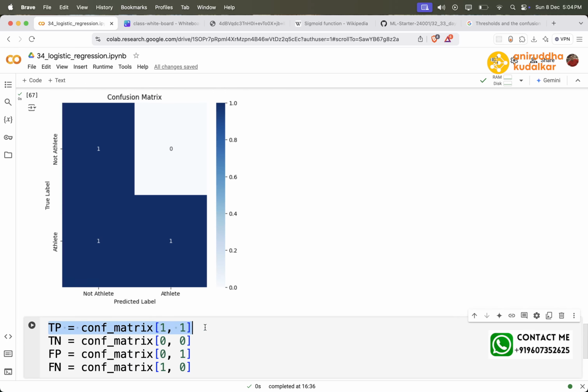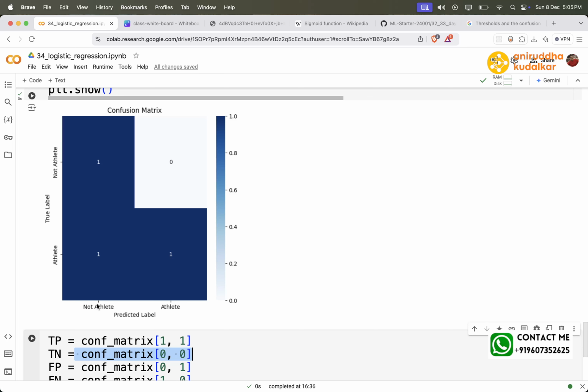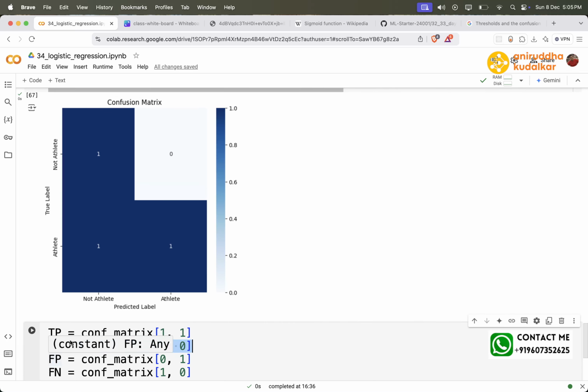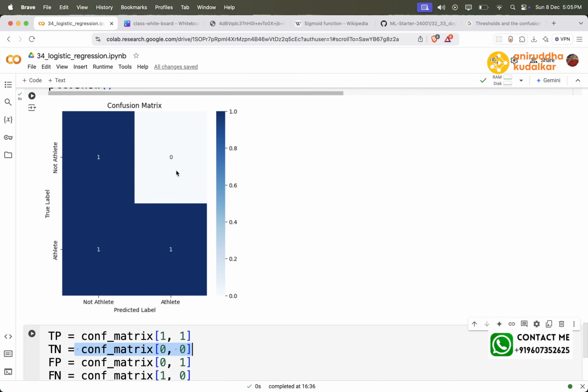So true positive, athlete, is first row, first column: predicted as athlete and actual as athlete. So TN, true negative 0 0, means predicted not athlete and true label actually not athlete. False positive 0 1 means what?